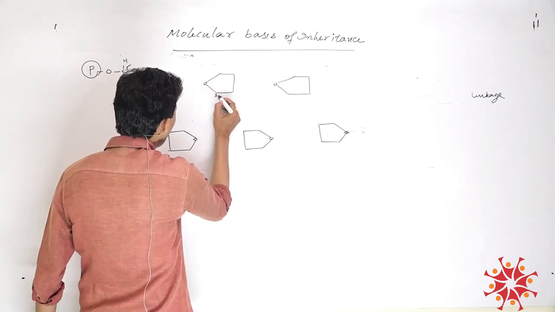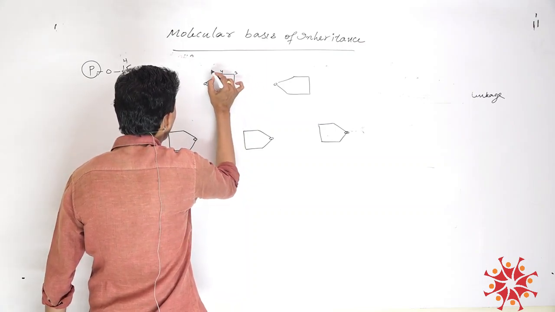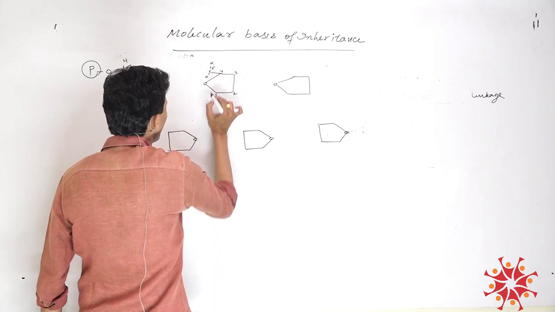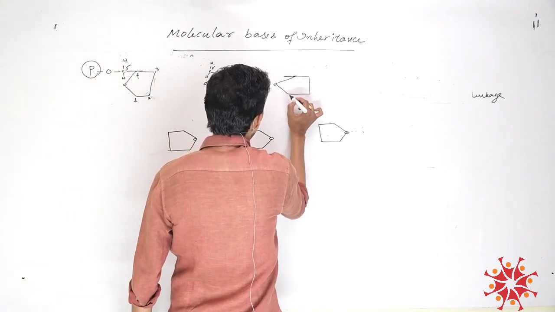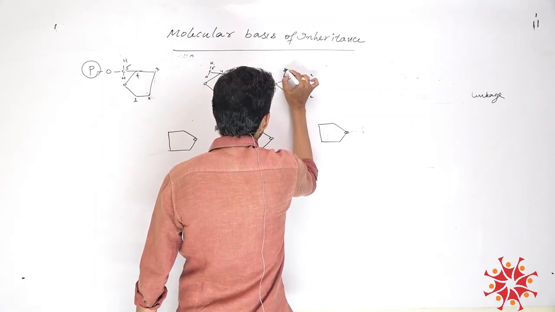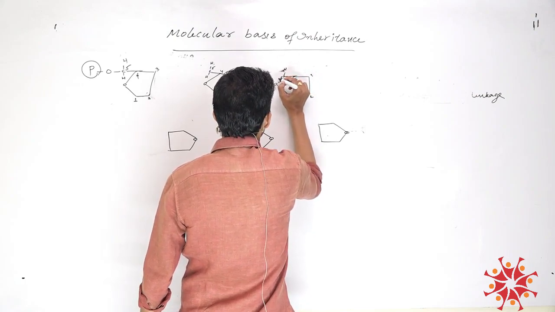Similarly, this is 1, 2, 3, 4 and you will have here the fifth carbon like this. Same case here also, 1, 2, 3, 4 and here you will have the fifth carbon.